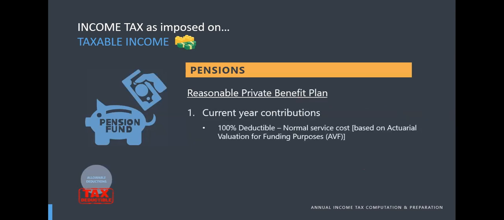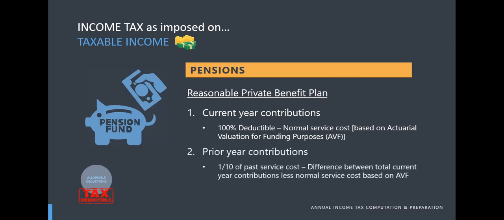Reasonable private benefit plan. If the company has a reasonable private benefit plan, the company or the taxpayer can deduct the following: number one, the current year contributions, and second, the prior year contributions.